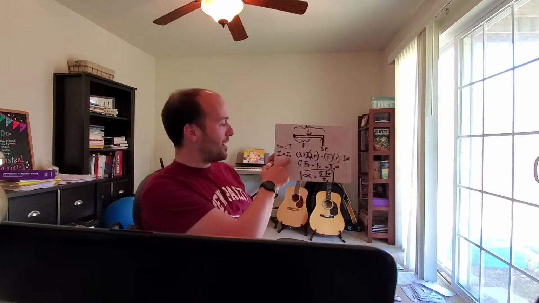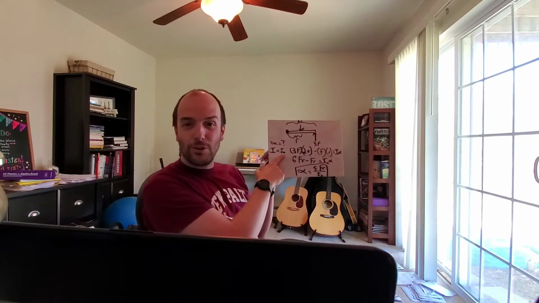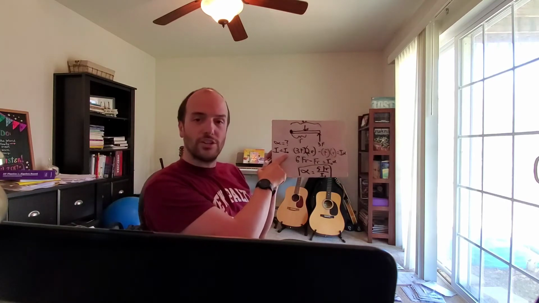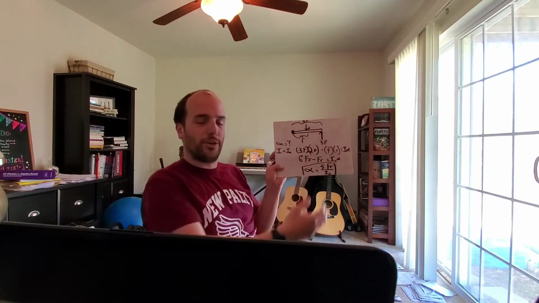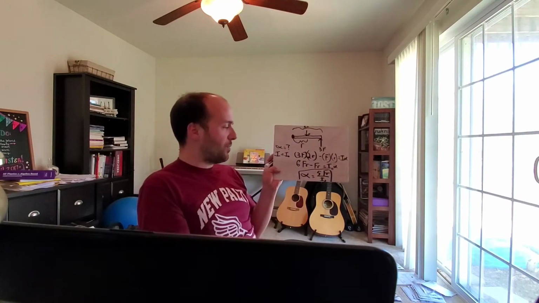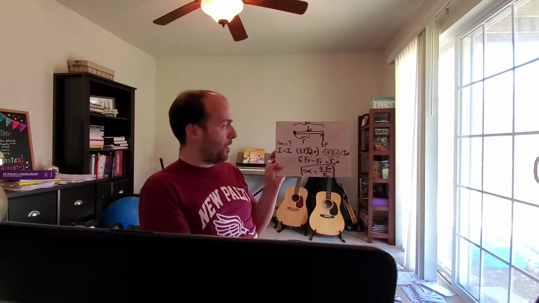They might not give you just an I for your rotational inertia. They could give you some other expression that you need to plug in. Make sure that you read the question and understand exactly what it is they're asking for and how they want that answer given. So that was one example.